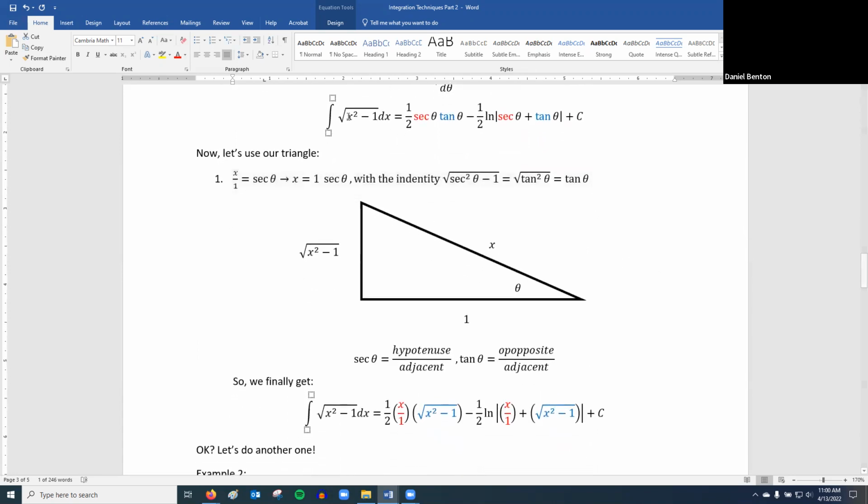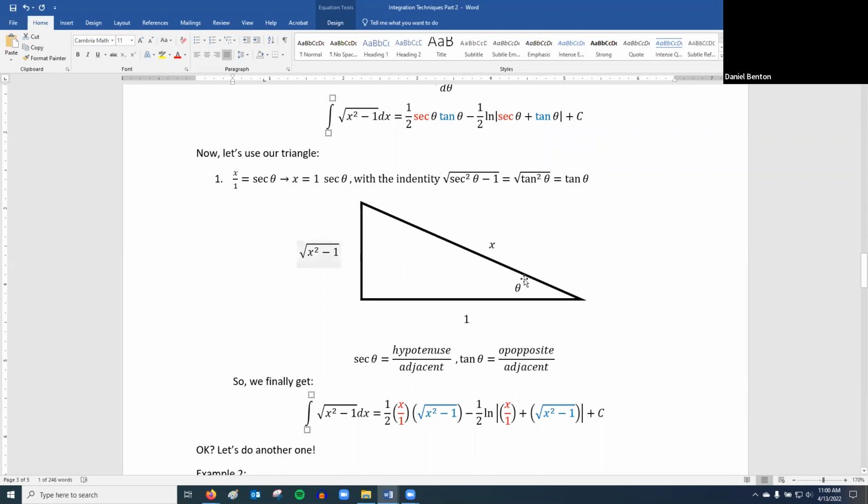This is the antiderivative that we got. We would like to rewrite this as an antiderivative in terms of x, right? Because this is what our antiderivative is as a function of theta, but theta is a function of x. X equals secant theta, theta equals secant inverse x, but let's not say that.